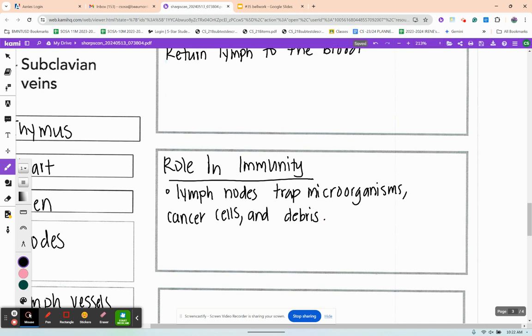And then the white blood cells inside the lymph nodes are what destroy the cellular trash, okay? So white blood cells inside the lymph nodes destroy, let's call it cellular trash.